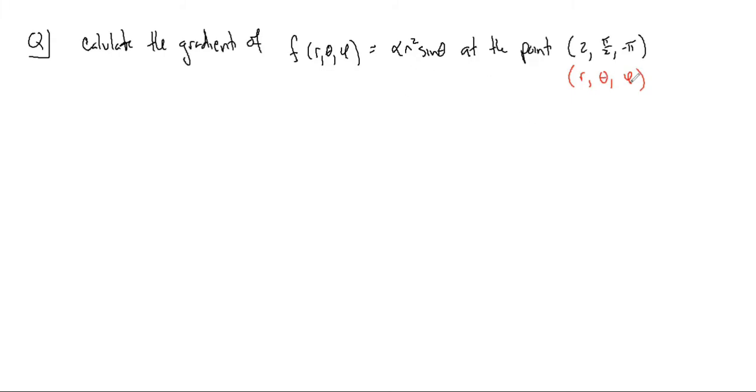R-hat cross theta-hat should be equal to phi-hat, and theta-hat cross phi-hat should be equal to r-hat. You should have enough to get this, so I'll give you maybe 2 minutes. First would be writing down what the gradient operator is in SPC, and then taking it and evaluating it.